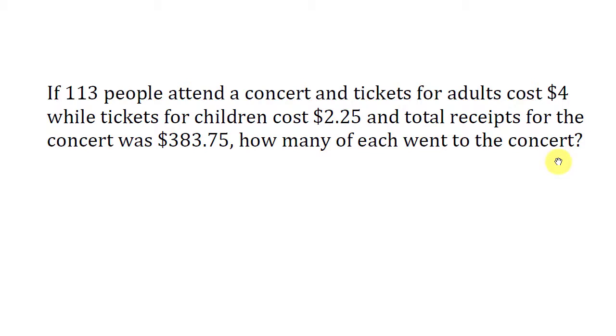Usually it's good practice to focus on the ultimate final question of the problem, since that indicates how many variables are being asked for. Here the question asks how many of each, meaning how many adults and how many children went to the concert. So clearly we have two variables.